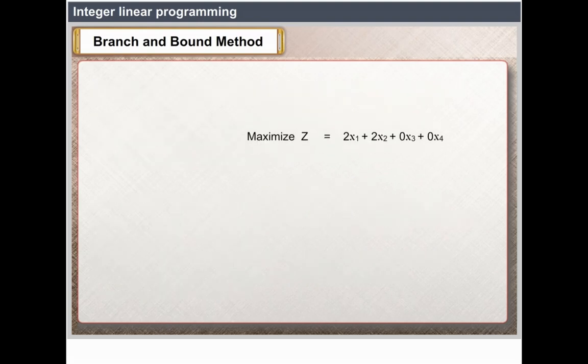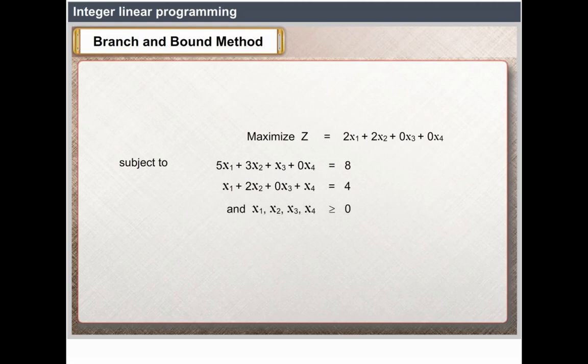maximize z equal to 2x1 plus 2x2 plus 0x3 plus 0x4 subject to 5x1 plus 3x2 plus x3 plus 0x4 equal to 8, x1 plus 2x2 plus 0x3 plus x4 equal to 4, and x1, x2, x3, x4 greater than or equal to 0.